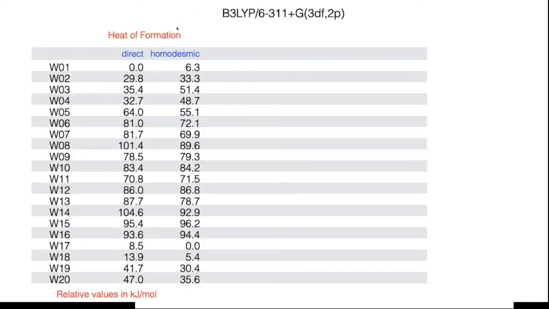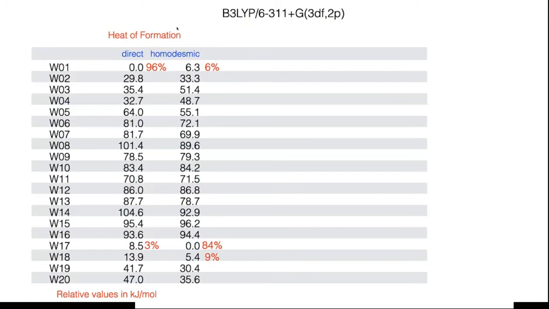So the first thing we did was look at the heat of formation using 2 methods, direct and homodesmic reaction. Now again, we did not have much experimental data here, but we noticed that with these 2 methods, direct and homodesmic, we are getting opposite answers. The direct method is telling us that tautomer number 1 is the most probable or the most stable, and tautomer number 17 is the next likely tautomer in the population.